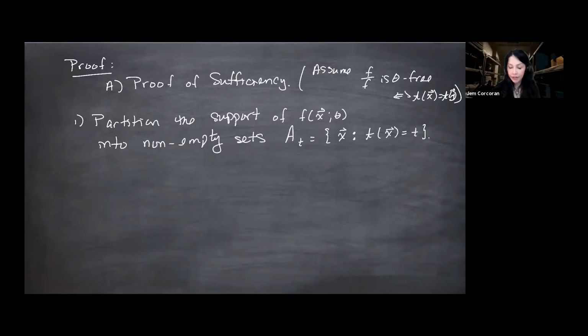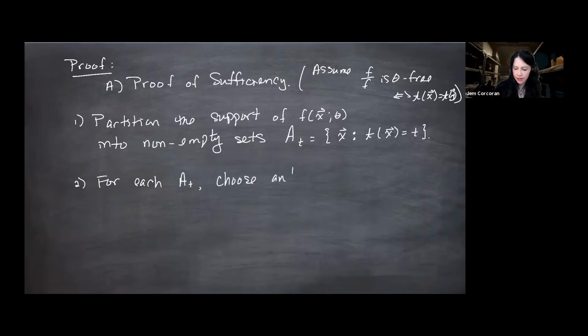I mean, if little t is not something that the function T takes on, then that's not one of your sets. This is why they're all assumed to be non-empty. Okay, so for each of these A sub t, I'm going to choose and fix one element in there that is going to be a representative of this set.